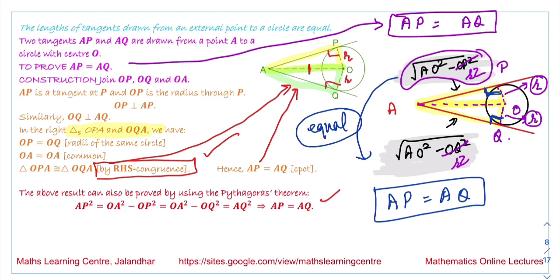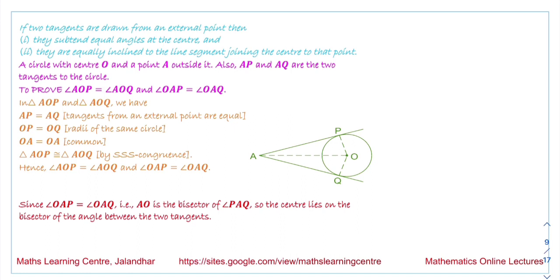Now the next result we have is: if two tangents are drawn from an external point, then they subtend equal angles at the center and they are equally inclined to the line segment joining the center to that point. In our previous theorem, we have already proved that the lengths of these tangents are equal.